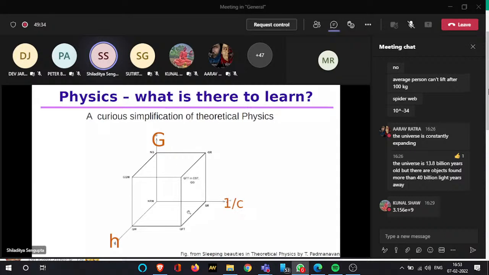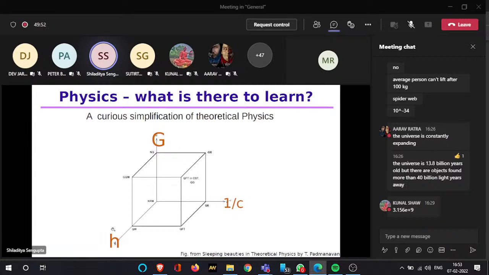So how can you use the same constants to identify this regime? Let's say one axis is h, and this is a very simple abstraction. h represents quantum effect, and let's say we have only two values: h is 1, which means quantum effect is important, and h is 0, which means you can ignore quantum effect. Similarly, c represents the typical speed of the process.